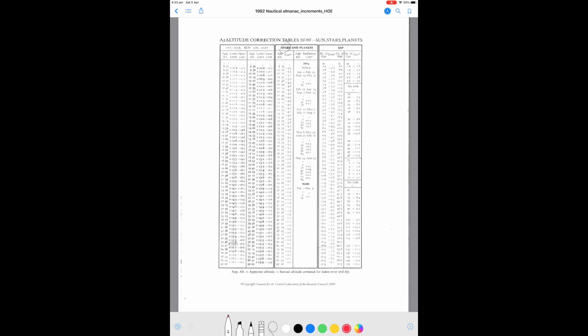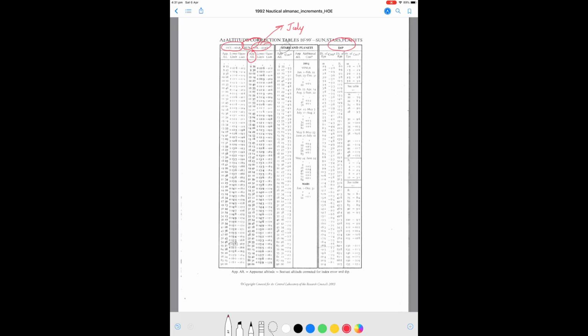This page gives you the height of eye, which is called the dip, and the total correction for the sun, and it depends on the month. If it's October to March, it's here. If it's April to September, it's here. July comes between April to September, so you go here, and we assume the true altitude is the apparent altitude, 72 degrees 32.2 minutes.